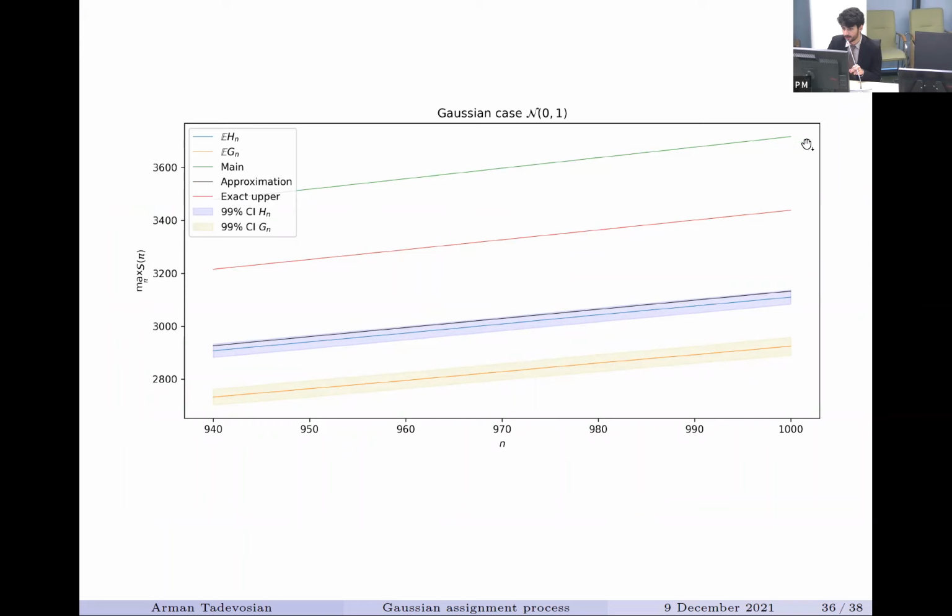The green one is the main term in asymptotics we obtained, n times square root of 2 log n. This one is actually the exact upper bound of the expectation. And this one is the lower bound obtained by the greedy algorithm.